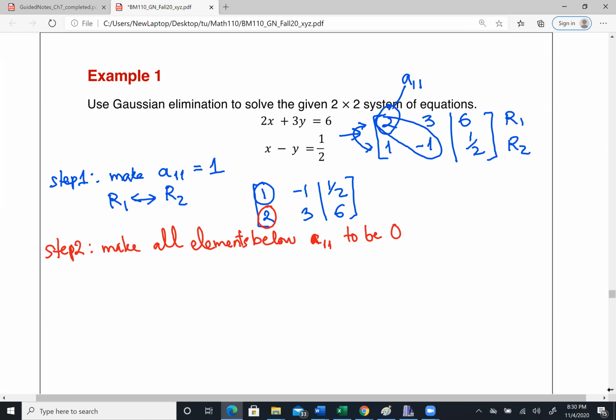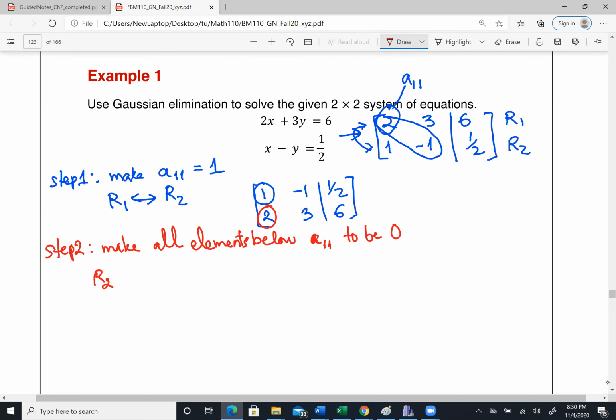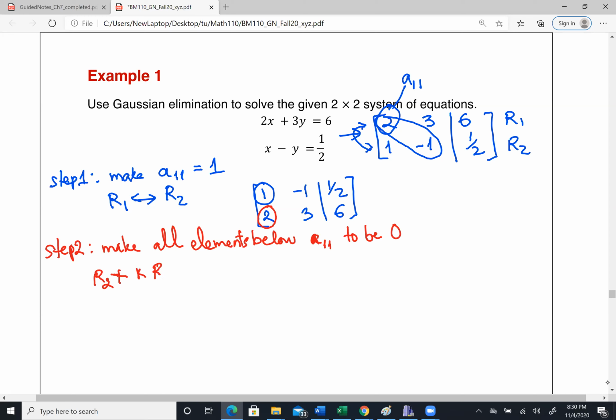Okay. So what does that mean? I want to make this number 2 become 0. How can I do that? I want to change row 2, so row 2 changes by adding k multiplied by row 1.